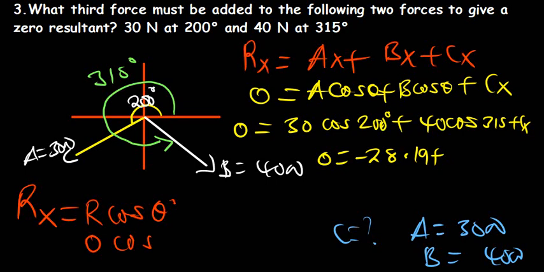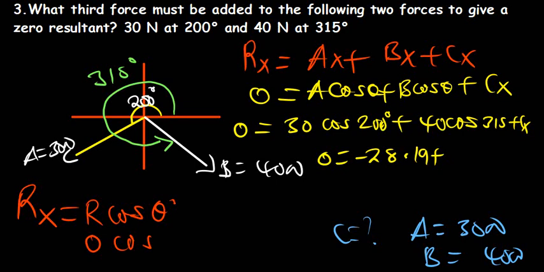Let me just redo it: 30 cos 200 plus 40 cos 315. I can do it one by one. So 30 cos 200 is giving me negative 28.19.